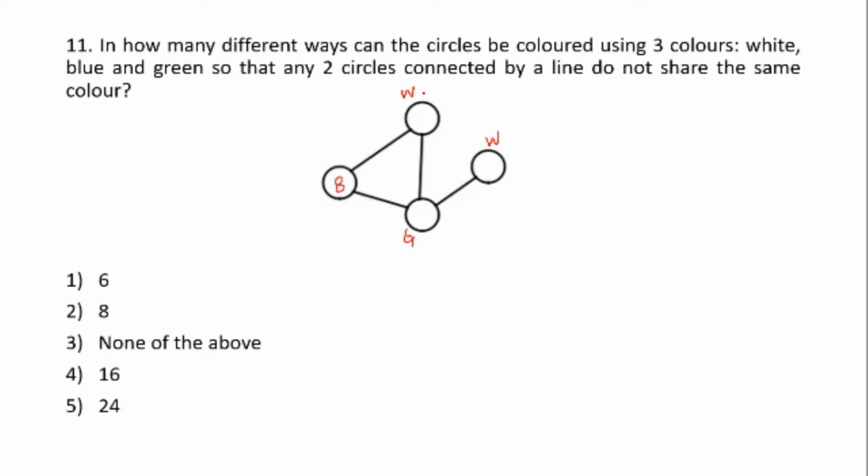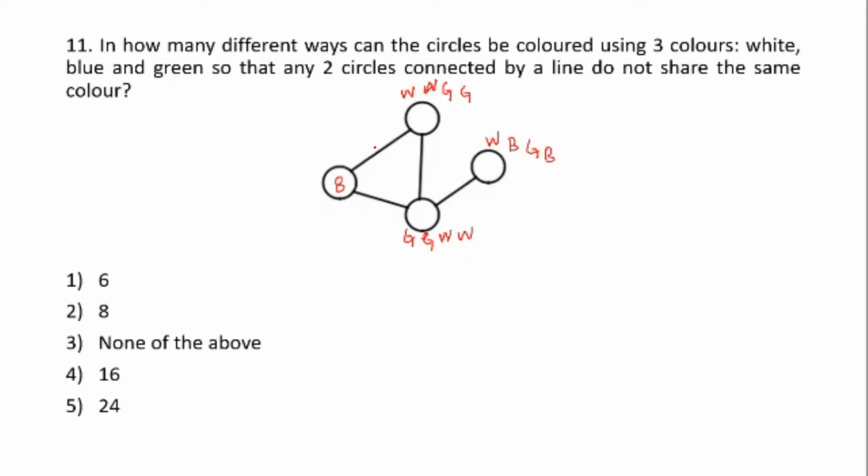Or we can say that it's white here, green here, still the same, white, green, but this one is a blue. All right, then it can be a green here, it can be white here, and this is a green, or it can be green here, white here, and a blue here.